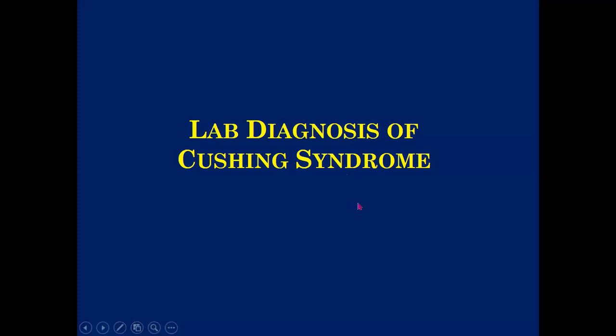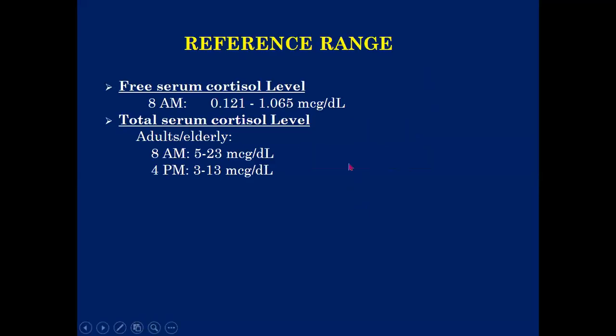Now, how will we diagnose a case of Cushing syndrome? There are a lot of tests which can be done, but proper test utilization is the most important aspect of diagnosis. First of all, there are different types of cortisol.